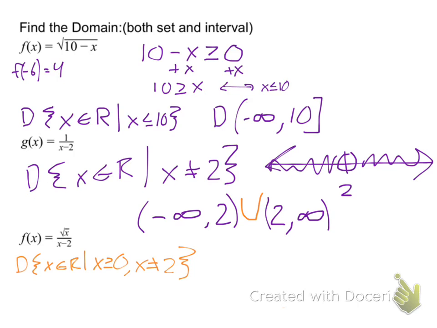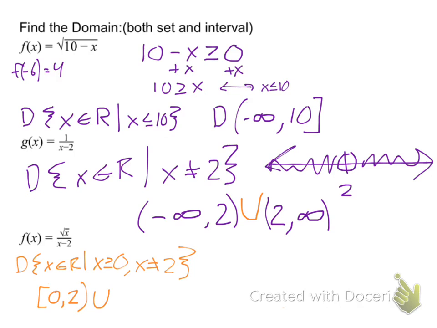Then, if I wanted to state this using interval notation, 0, comma, what? 2. Is 0 included? Yes. Is 2 included? No. Symbol in between?